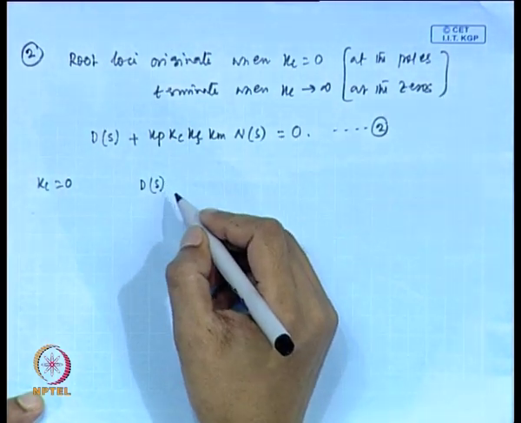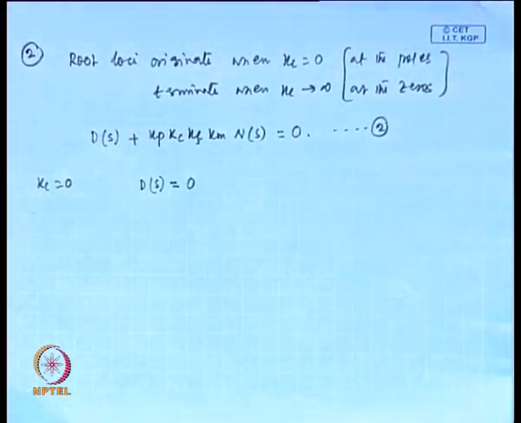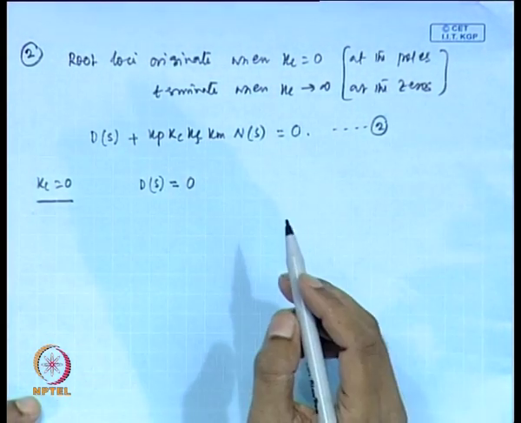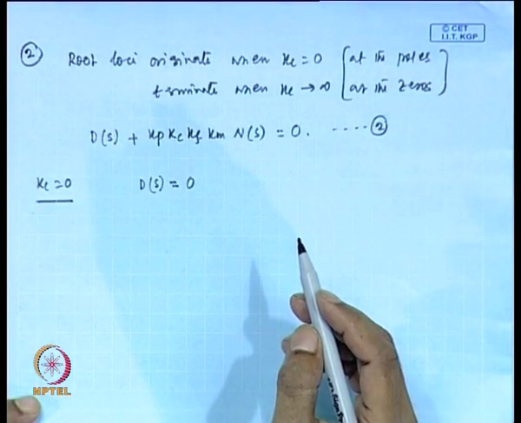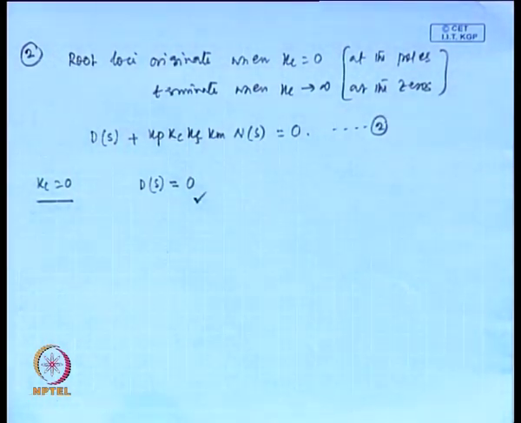The characteristics equation becomes Ds equals 0. When Kc is equal to 0, we should start the root loci diagram plotting the roots of Ds equals 0. That means the root loci originate at the poles of the GOL.